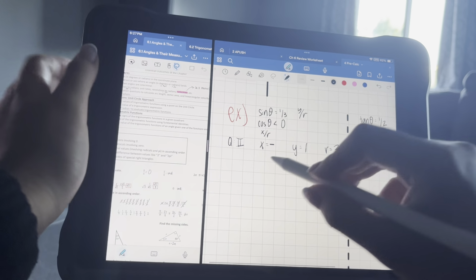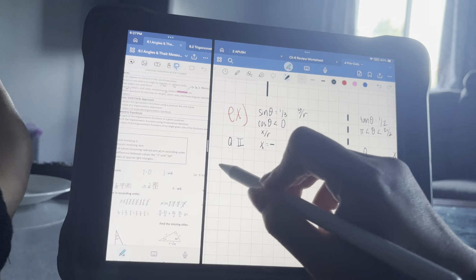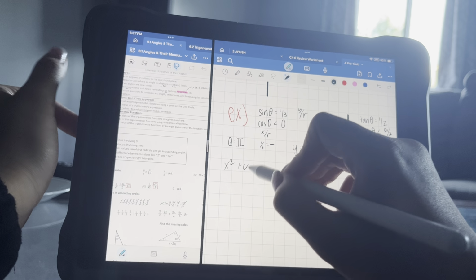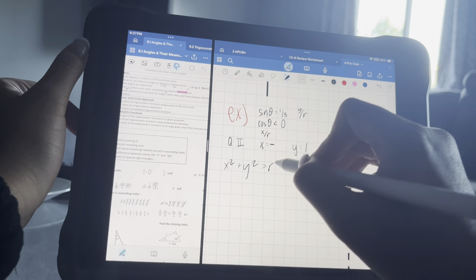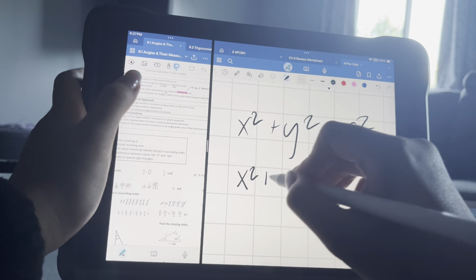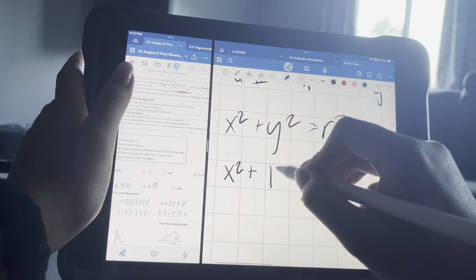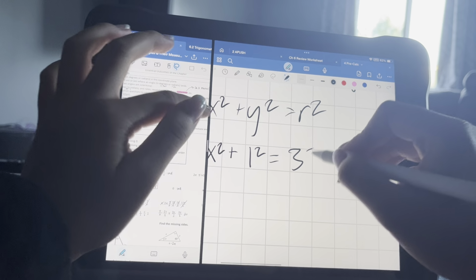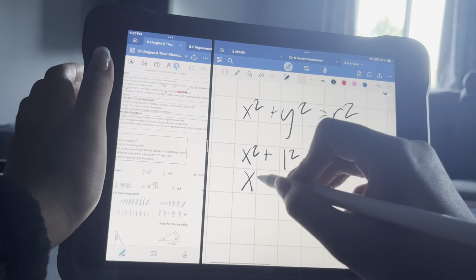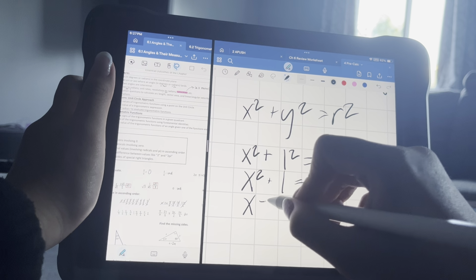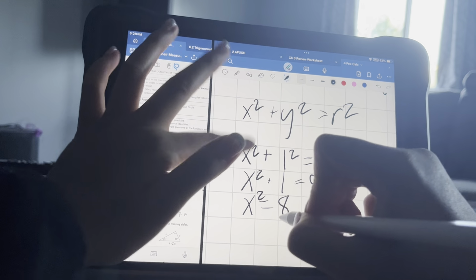Now, we have everything but our x. To find that, we're going to do x squared plus y squared equals r squared. Well, we don't know x squared. Y is 1 and r is 3. So we know it's going to be x squared plus 1 equals 9, x squared equals 8.